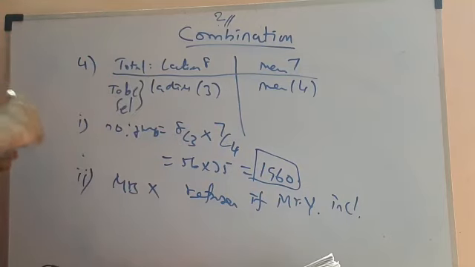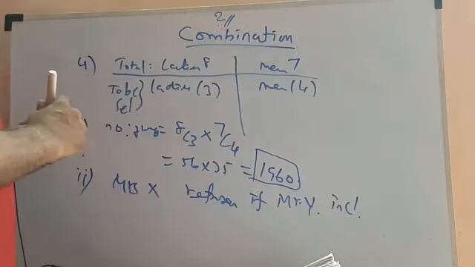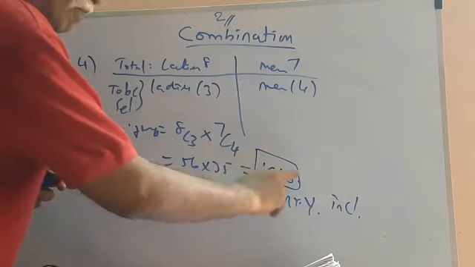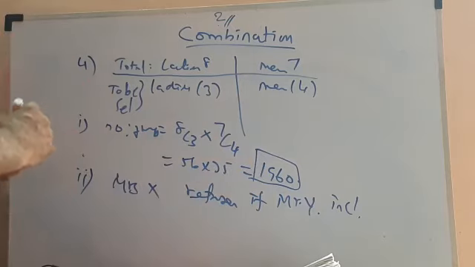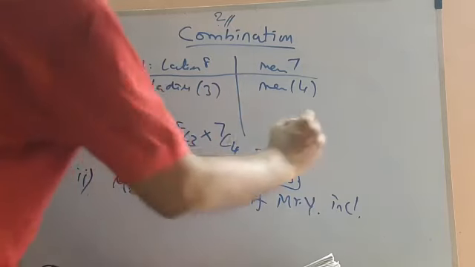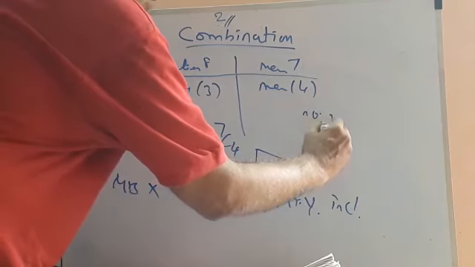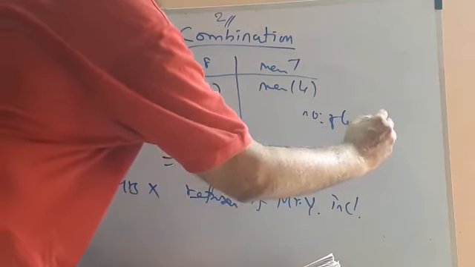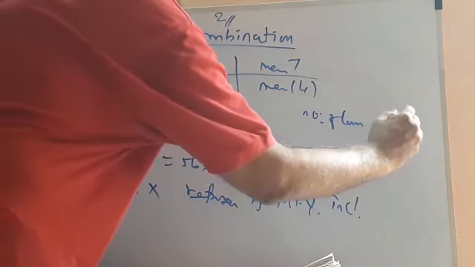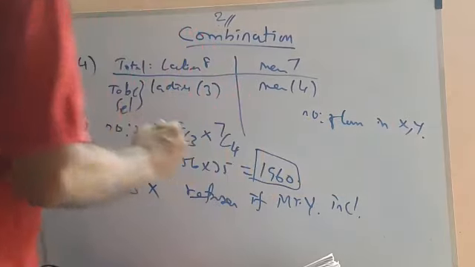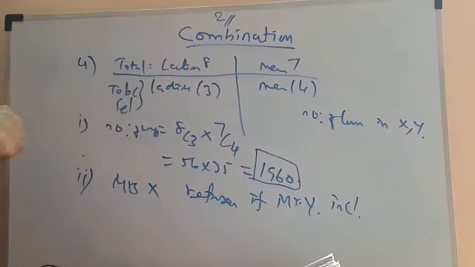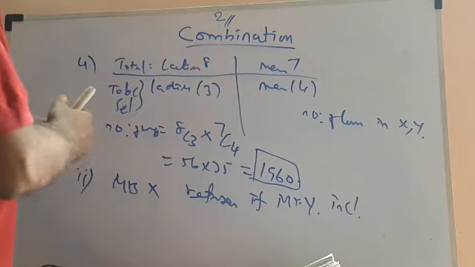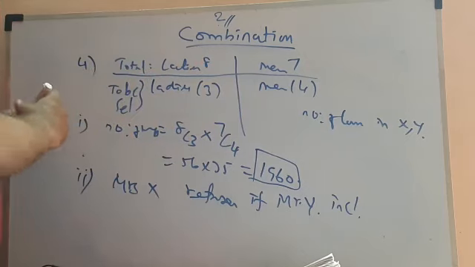So now I can find the number of committees in which both X and Y are there. Then I can subtract it from the total. How many ways can X and Y be present in the committee?